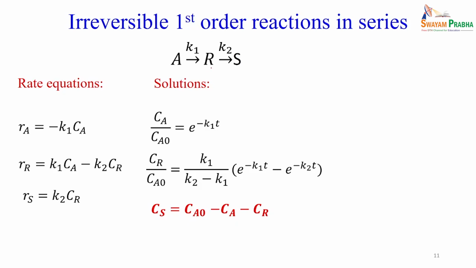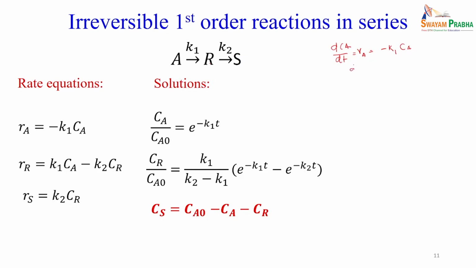So, the first step will be dCA upon dt, or you can say RA to minus, we are considering first order, so K1 into CA.